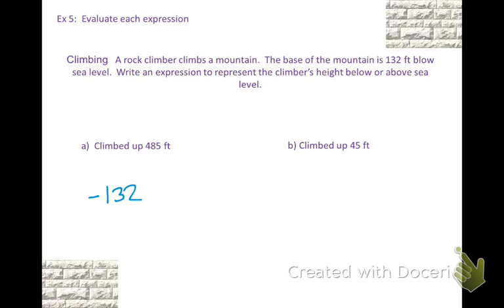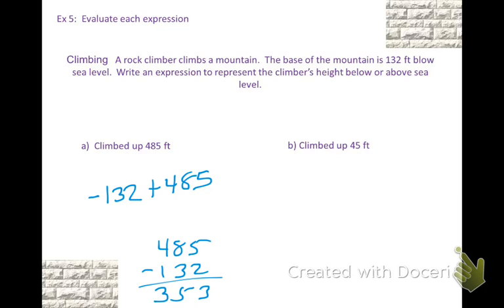So, started off at negative 132, and they climbed 485 feet. Again, they're opposite signs, so you're going to subtract them. So you're going to go 485 minus 132, which would be 353. So they were 353 feet above sea level.